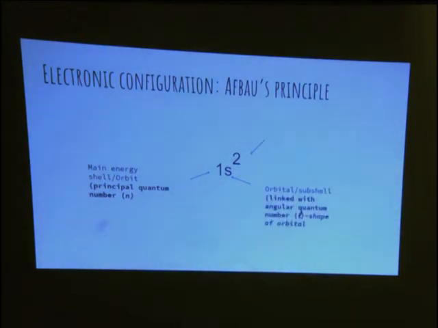What does this s stand for? It stands for orbital or subshell. So it can be linked with the angular quantum number, which is also represented by letter l, and it basically gives the shape of the orbital. And what does this number 2 stand for? It stands for the number of electrons. Here you have to know that the number of electrons will differ for different orbitals.